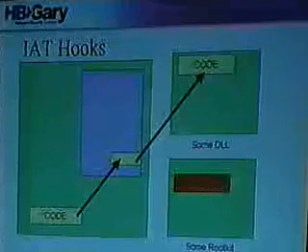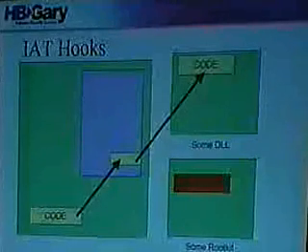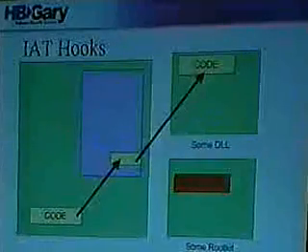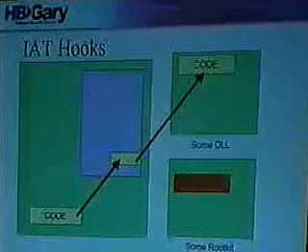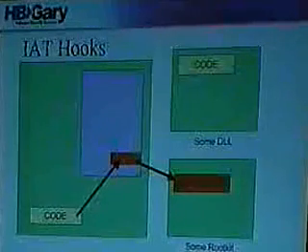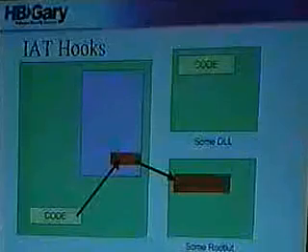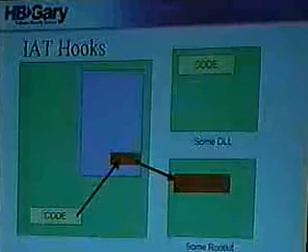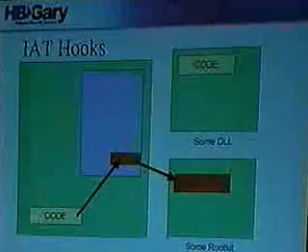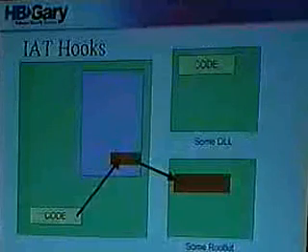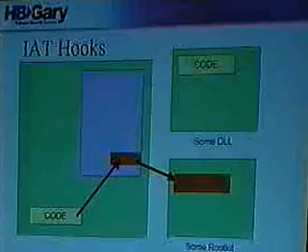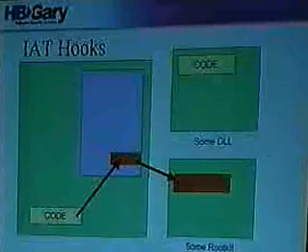But the big green box represents a program that's running, and it needs functionality from another DLL. So it has stubs in its code called the import address table. When the loader loads the program into memory, it will set the appropriate function address for these functions that are in other DLLs in this IAT table. And that's a blow up there. They're either exported by function name or by ordinal.